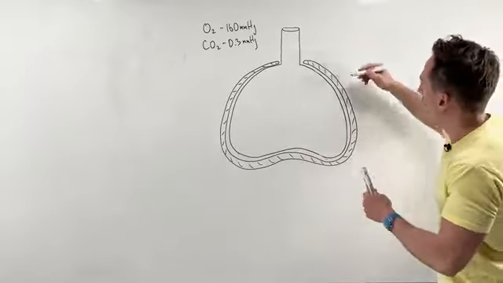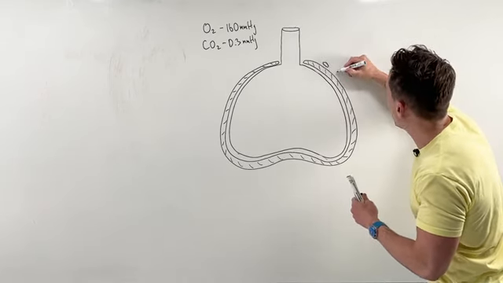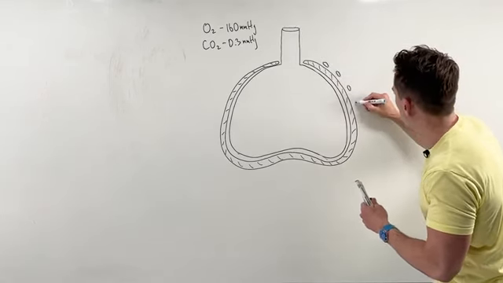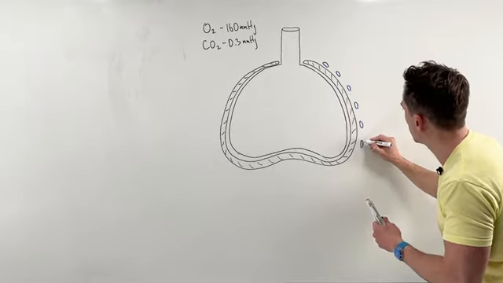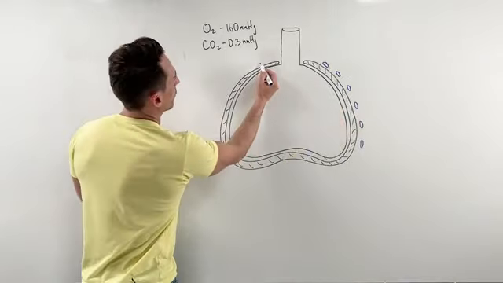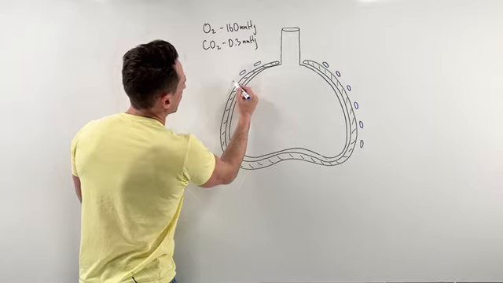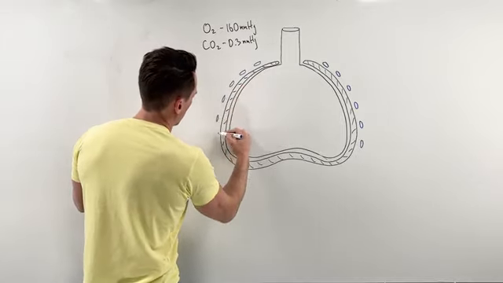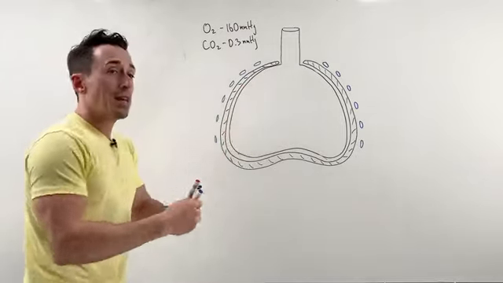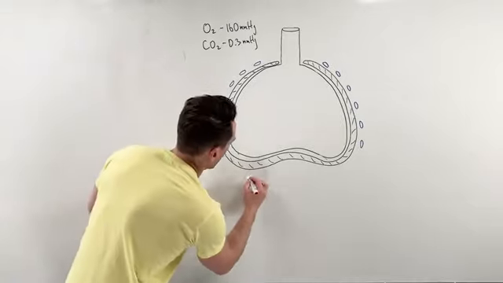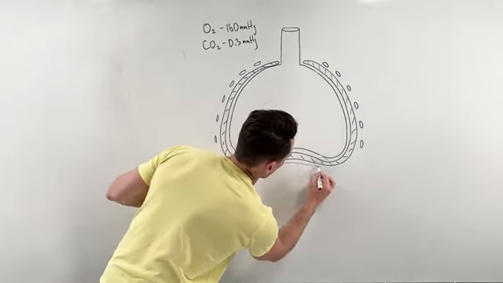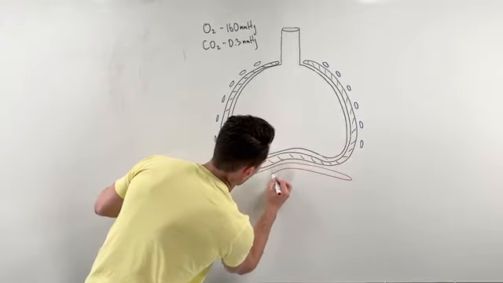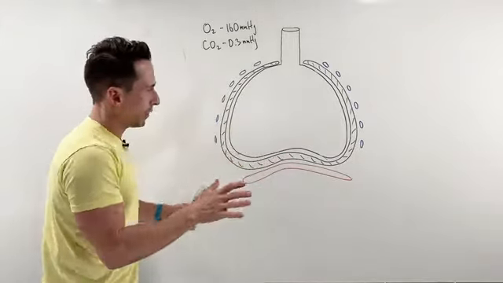So let's draw those ribs back up. We're just going to draw an arbitrary amount of ribs. We don't need to draw the exact amount. Let's draw it over here as well. All right, there's our ribs. Now, let's draw that diaphragm up under here. Perfect.